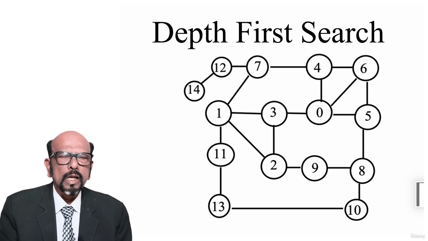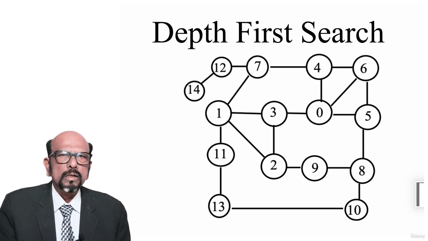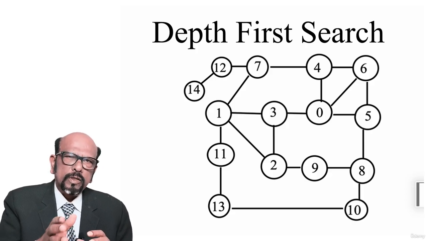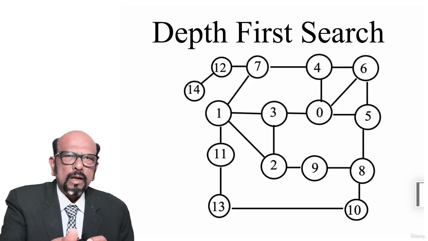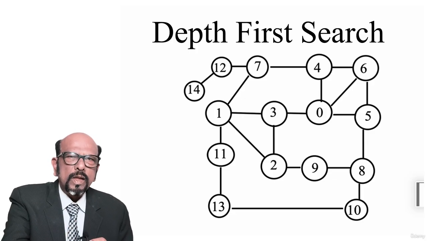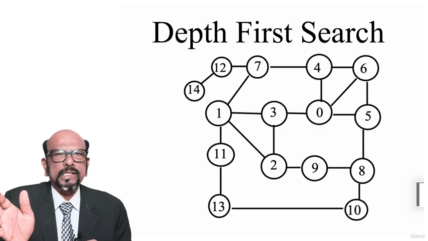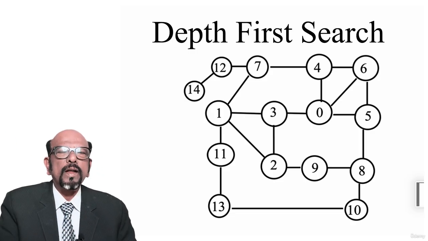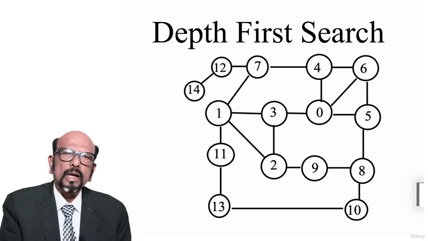We are going to see how the algorithm works starting from 0. We are going to see how the depth first search works, and after reaching the highest depth where it cannot proceed further, how it backtracks and then takes a branch and goes. So this is the graph.